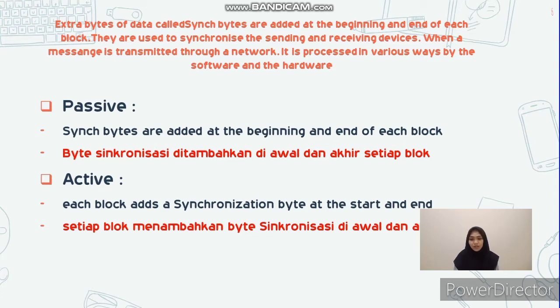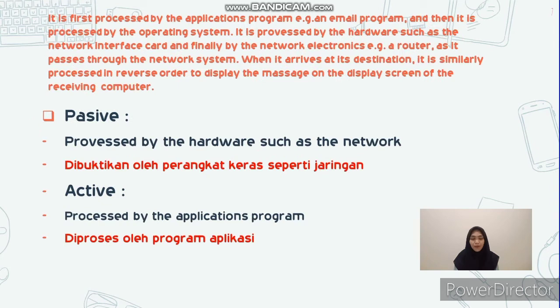It is first processed by the application program, e.g. an email program, and then it is processed by the operating system. It is processed by the hardware, such as the network interface card, and finally by network electronics, e.g. a router, as it passes through a network system.